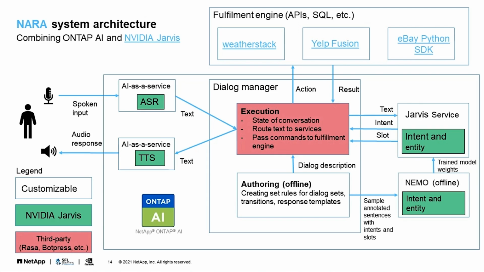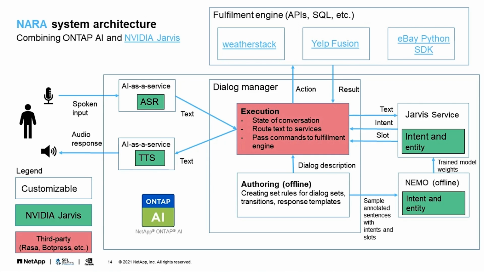And the fulfillment engine can be some APIs from third parties or just a SQL database. For example, for retail stores, you can construct a SQL database of your inventory, for example, what item is in which aisle. So that way you can have the results returned.